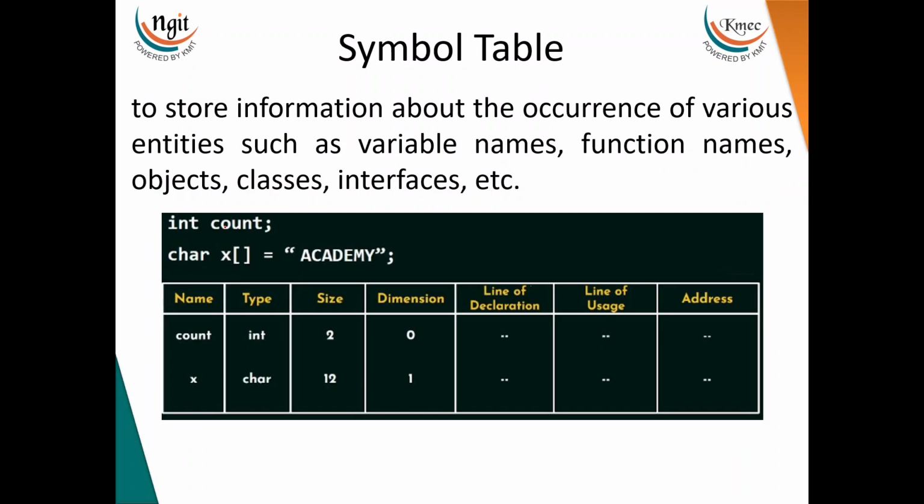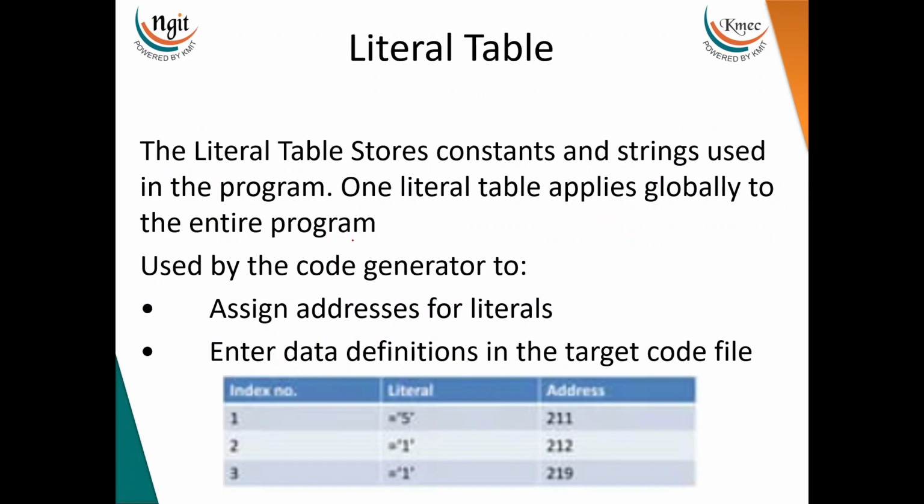So all these non-identifier tokens: int will be stored as a string. Semicolon will be stored as a character. Char will be stored as a string literal. This is stored as a character literal. This will be stored as a string literal. Like that, everything is going to be stored as either a character literal or a string literal.